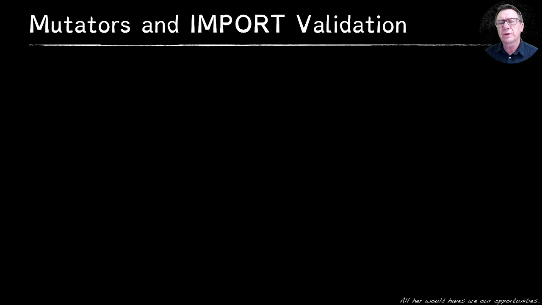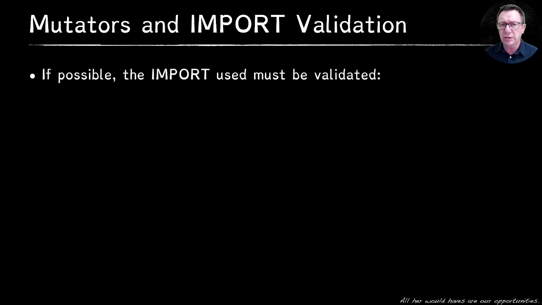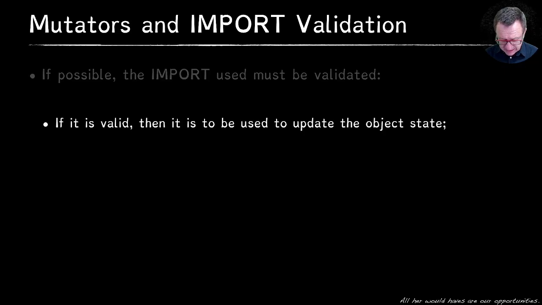Let's have a look at mutators and import validation, because it's important that the imported value is validated to ensure it is the correct type. We need to make sure that when we update something, we're updating it with a valid input.